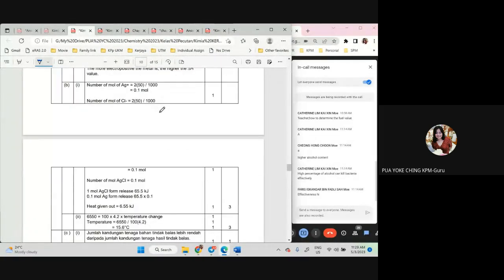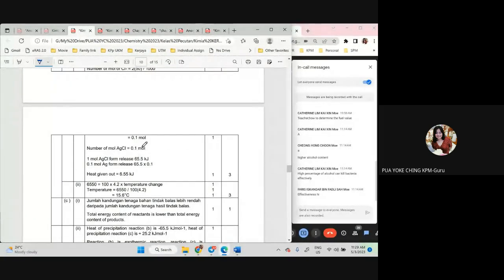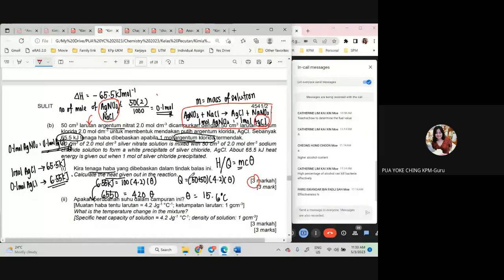Mole of Ag plus, mole of Cl minus, mole of AgCl, heat release. Dia actually takkan begitu banyak lah. Okay, in SPM it will not so many marks for the temperature change. Temperature change, you only get 1 mark. It didn't give you the marks for the calculations, it's final answer only.